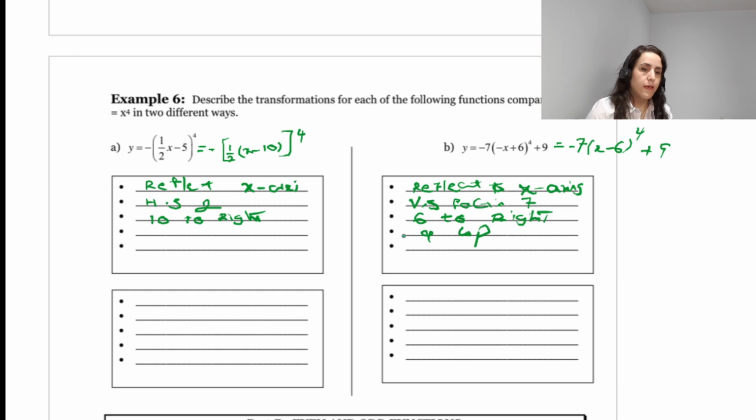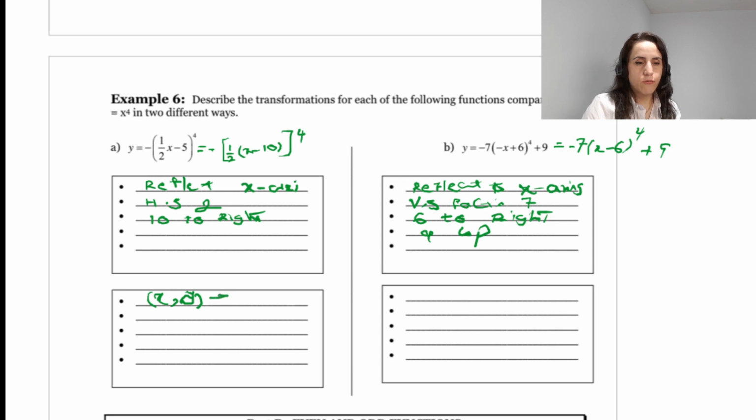Up. Another way that you can write it down is as a mapping notation. Here the mapping notation for this function is going to be x and y. What do you think?